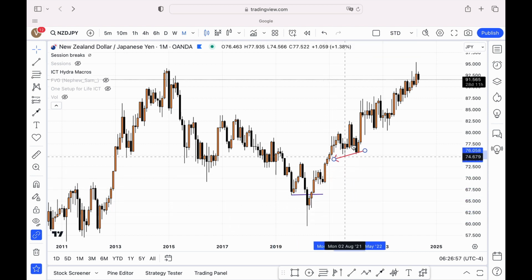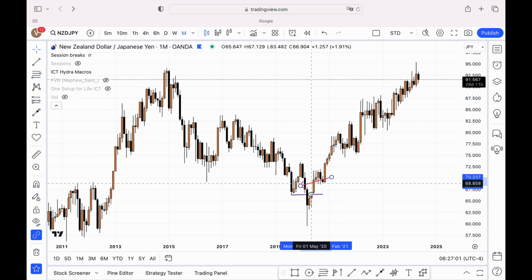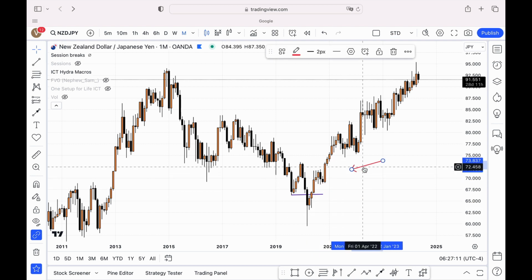And what happened to price? You can see the reaction. So we know based on what price has done after that that there were orders or liquidity at that level. So that's how we find them: above old highs and below old lows, or equal highs and equal lows.